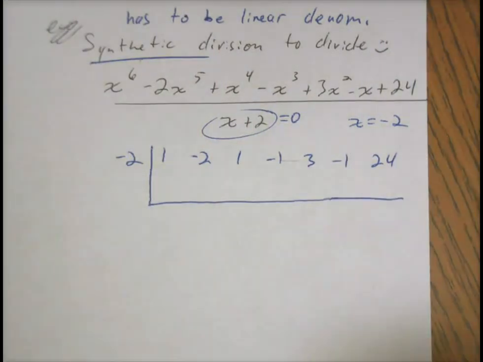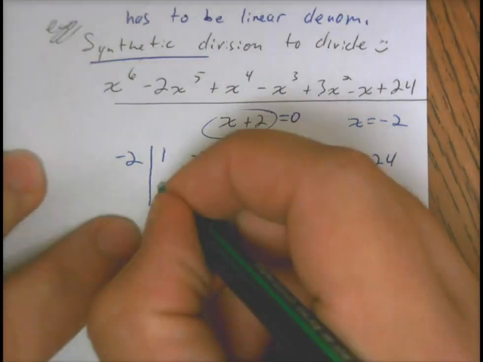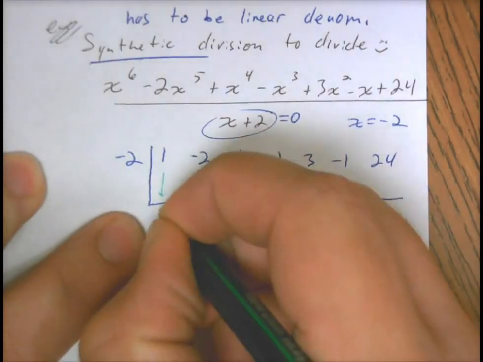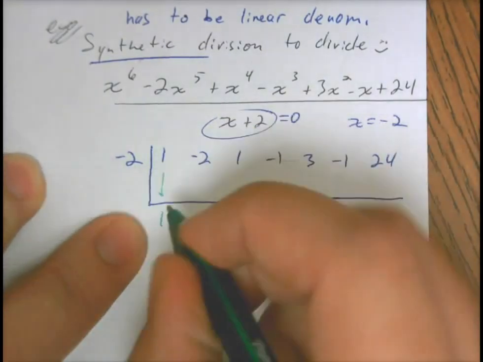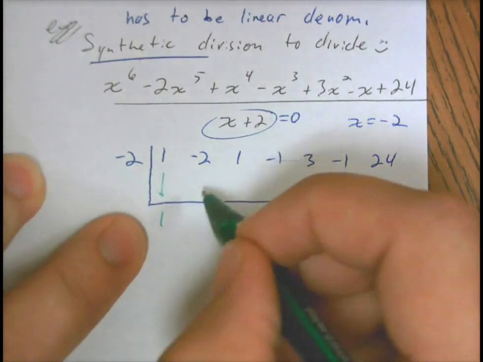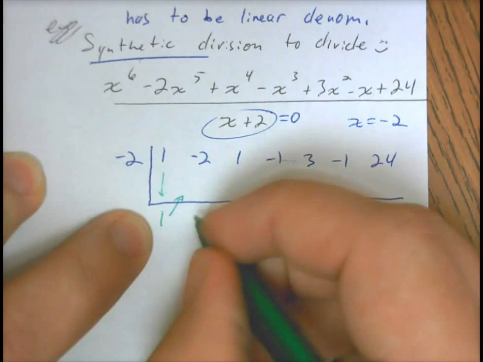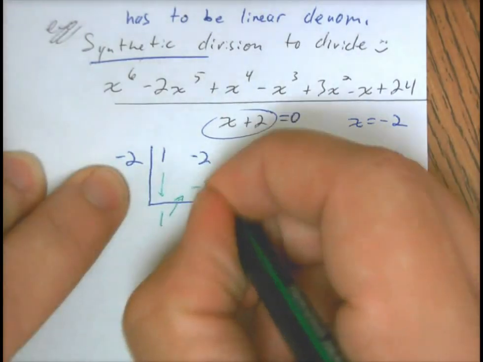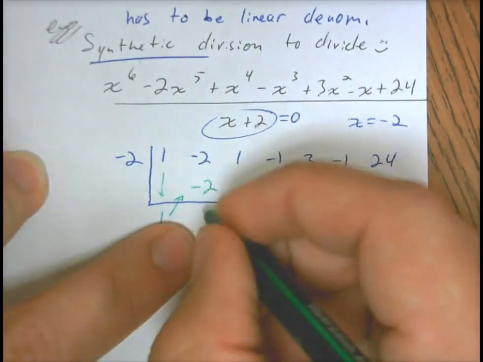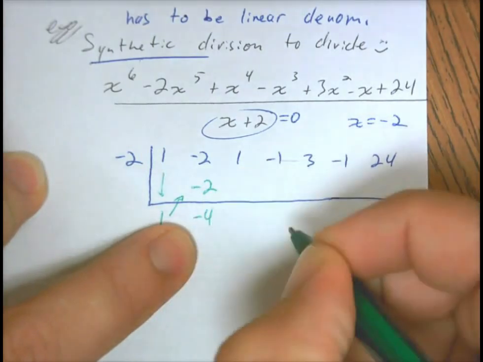Now, you're going to love this because this goes way faster. 1 plus 0 is 1. When you are inside, you are going to add or subtract, whatever the signs say. To get back to the inside, we're going to multiply. So negative 2 times 1 is negative 2. Negative 2 minus 2 is negative 4.